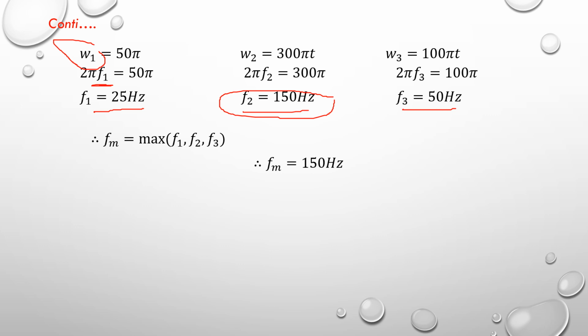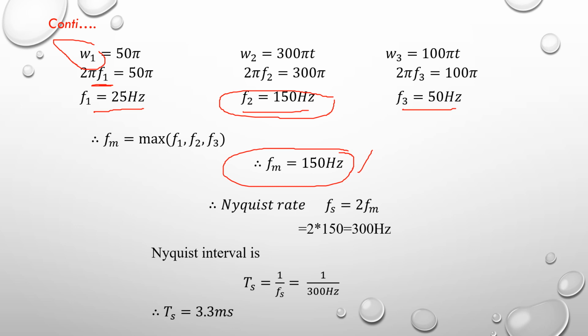So here fm, the modulating frequency, is equal to the maximum of f1, f2 and f3, which is 150 hertz. Now we have to find the Nyquist rate. The sampling theorem says sampling frequency is equal to 2 into fm. Here fm is the modulating signal frequency, equal to 150 hertz. So the Nyquist rate is equal to 300 hertz.